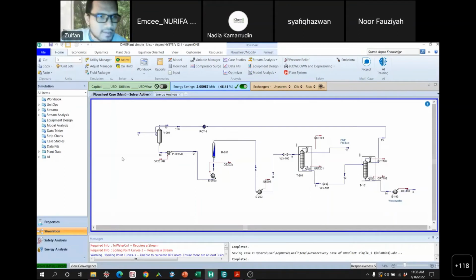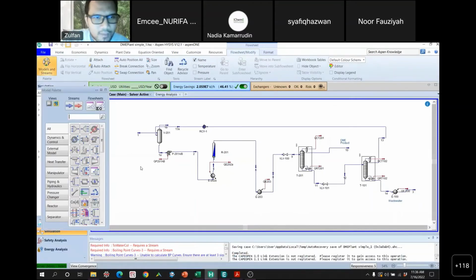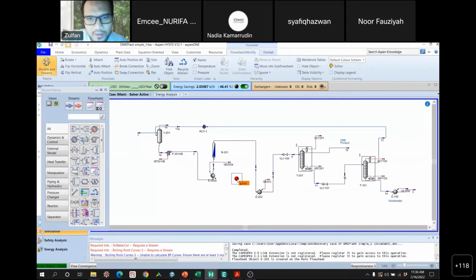So we will add a stream, and then we can add this heat exchanger, because we're going to use this stream, right? And then we will cut and break connections. A minute. It doesn't want to cut.